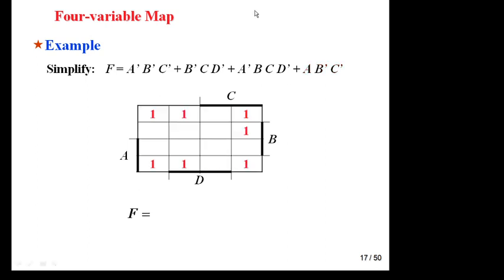Suppose these are the values. When you will convert into standard or canonical SOP, you will get these min terms, okay. Now you can make one quad here, okay, and you can make always corner element. You can form as a quad.